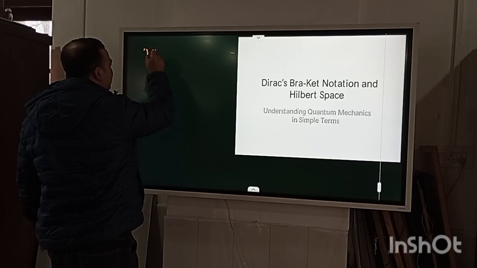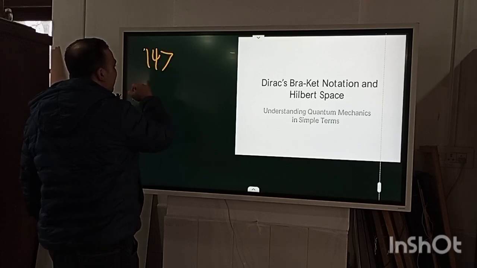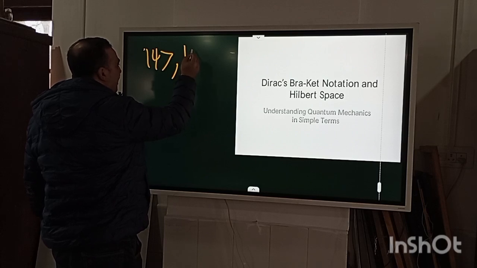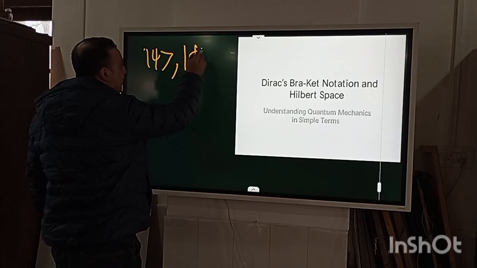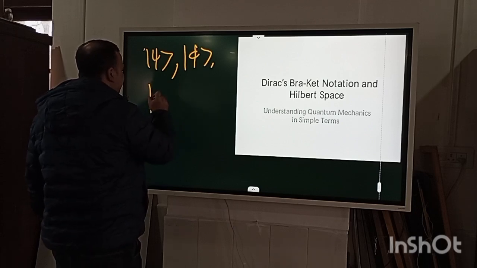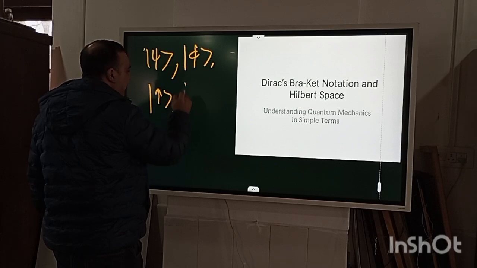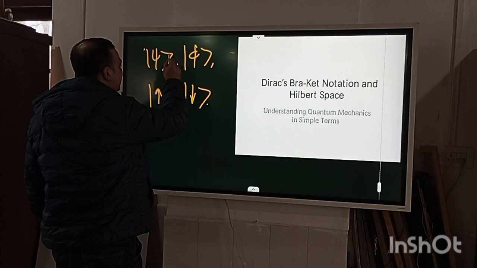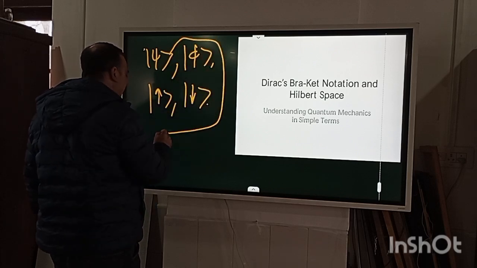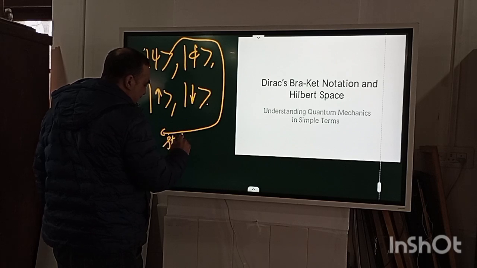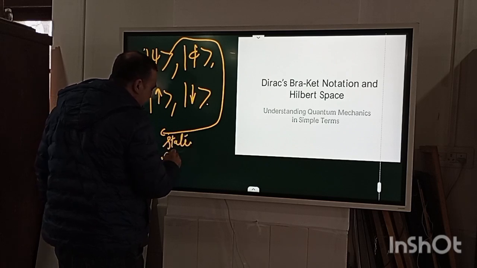A ket can be represented as ket psi, or any abstract mathematical function, ket phi, or we can have a ket of spin up, or a ket of spin down. And what does this ket of psi represent? It can represent a state, or we may say an eigenstate.